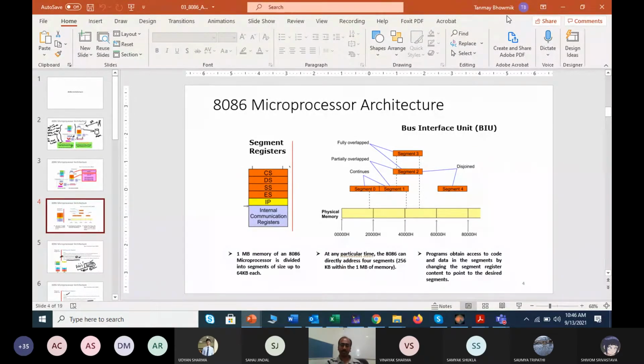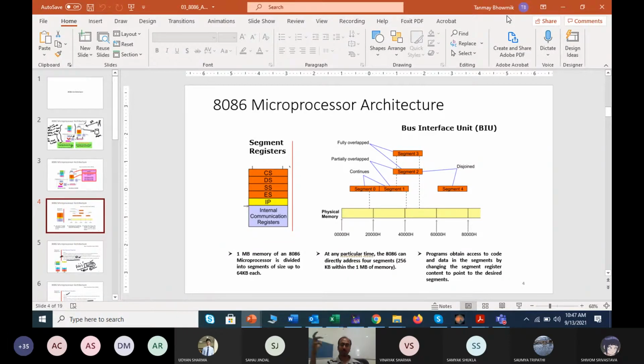That can also be one question: if your total memory is 1 megabyte in size, and you are informed that you can use a 64 kilobyte segment, and at a time 4 segments can be used, then how much duration, or how many units of time, will you require to cover the whole memory?